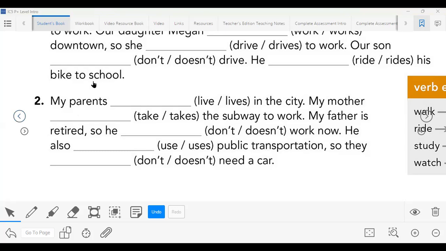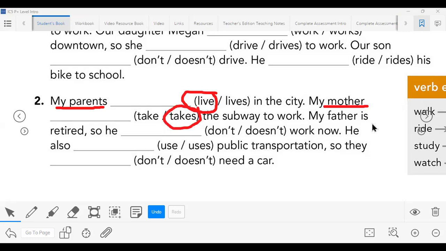My parents live in the city. Live. My mother takes the subway to work. Correct, take.